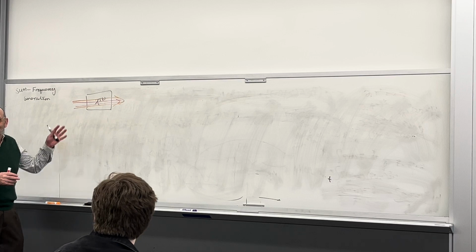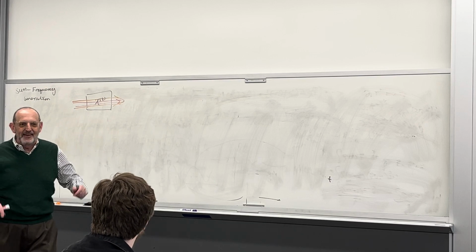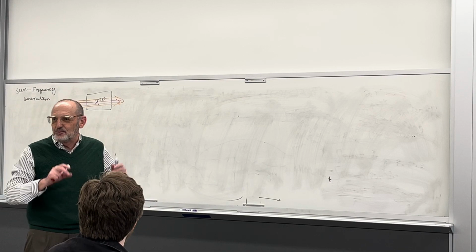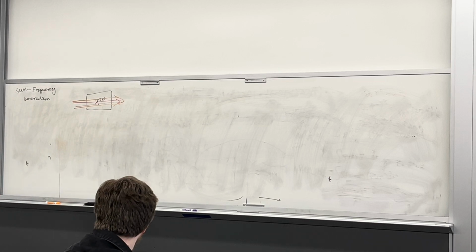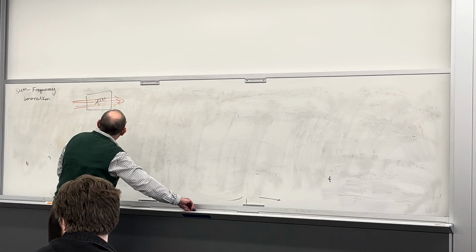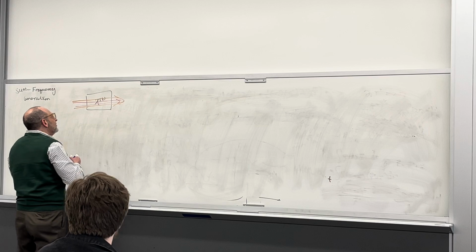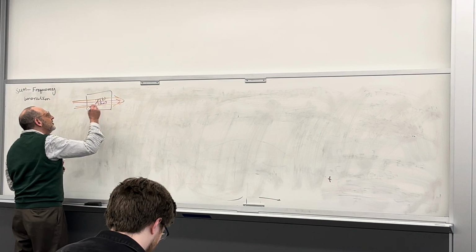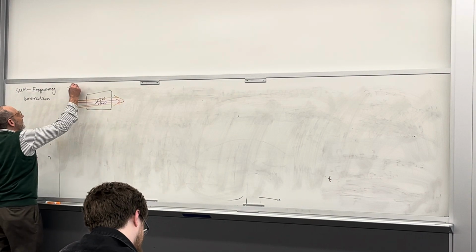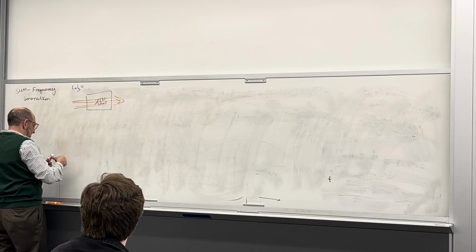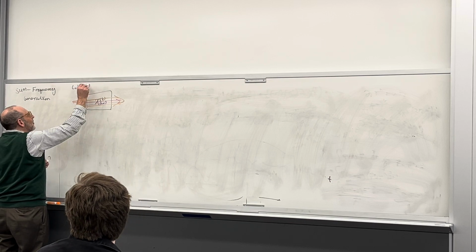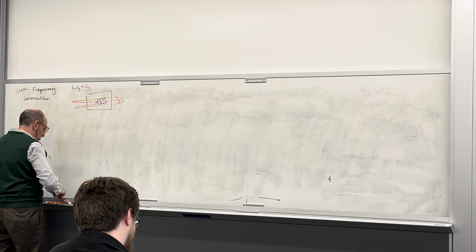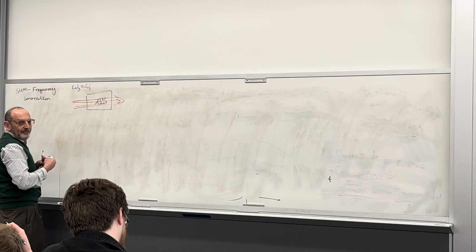It'd be very nice if they were exactly overlapping in the same spatial mode. Okay? And let's say that this chi2 material has some good chi2 at omega 3, which is the sum of omega 1 and omega 2. Okay?